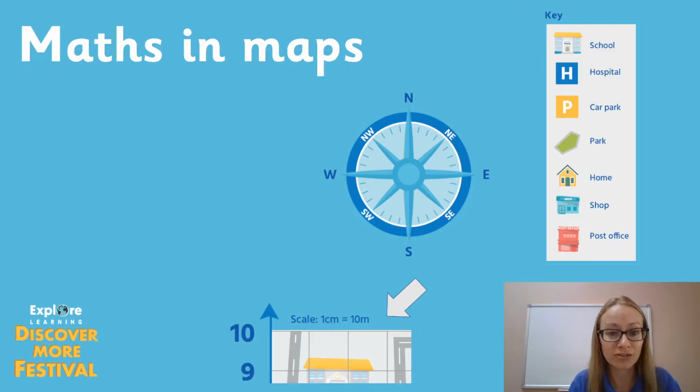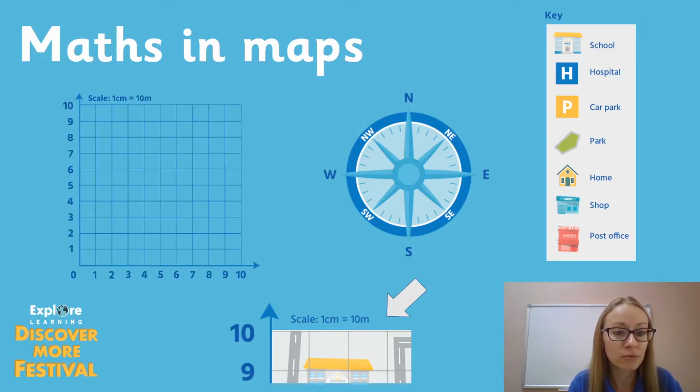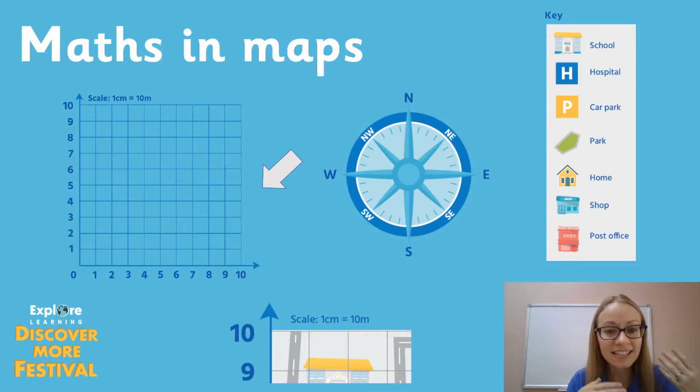So that's really useful. You may have also noted down the grid, which lays underneath the images which make up a map. And a grid is also mathematical. We have numbers along the sides and we've got evenly spaced lines which are there to help us to locate places on a map.